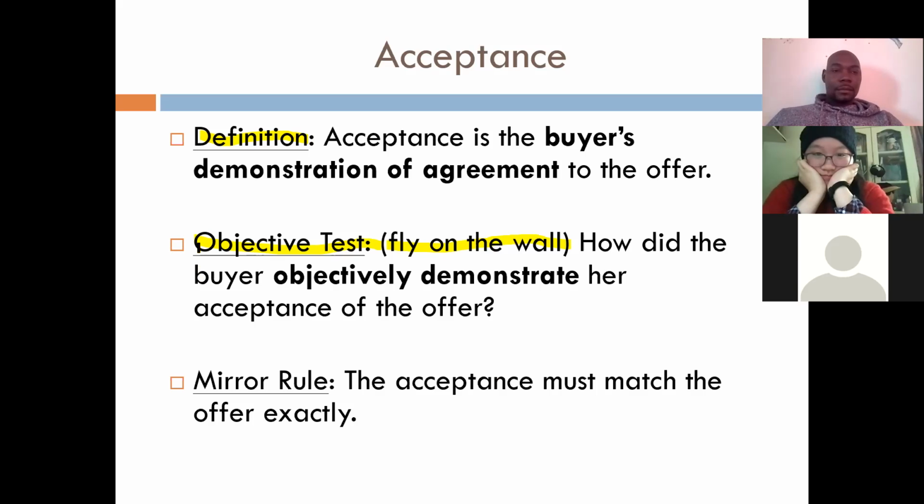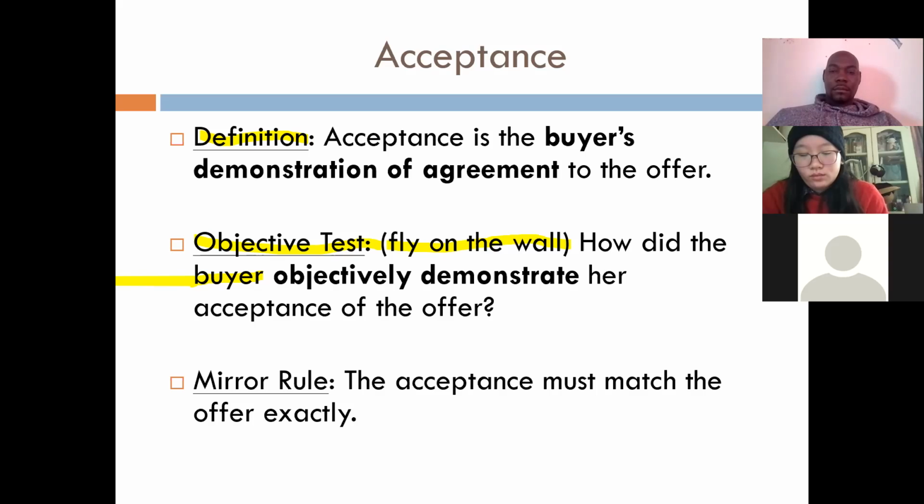What objective means is, what did the buyer or the customer do or say? Jordan, you might want to write down those two words, do or say. Not what did the customer feel. Feelings don't matter, not to the fly on the wall. The fly on the wall can't tell what you're feeling.